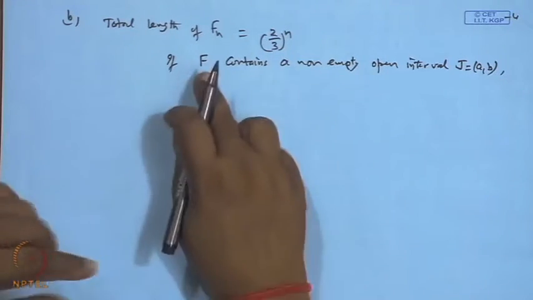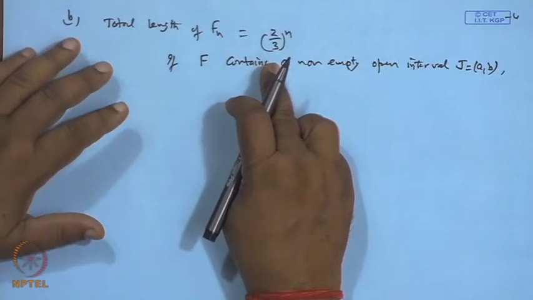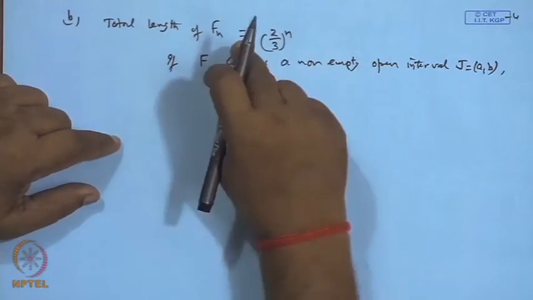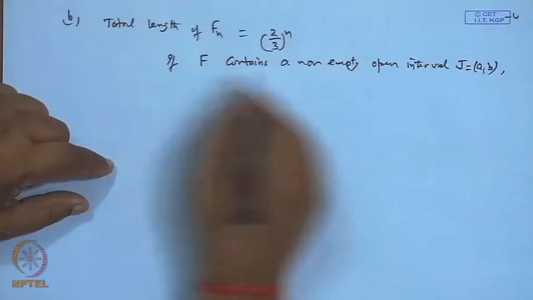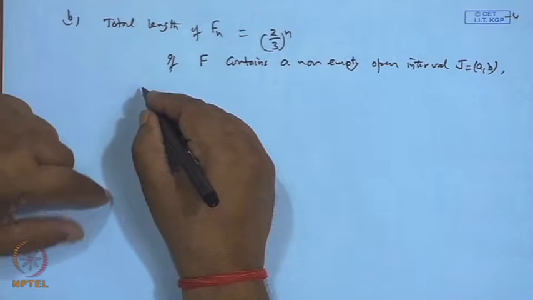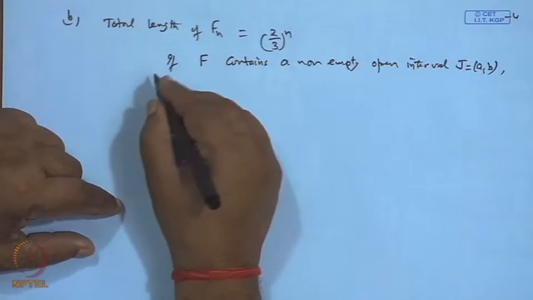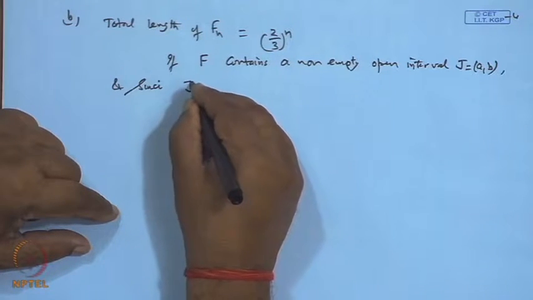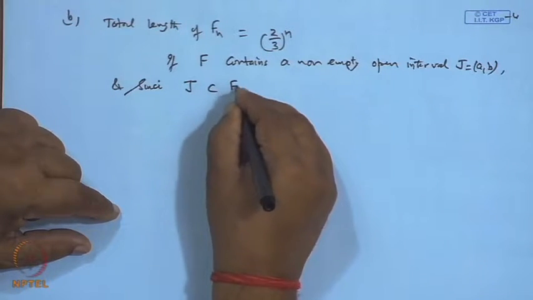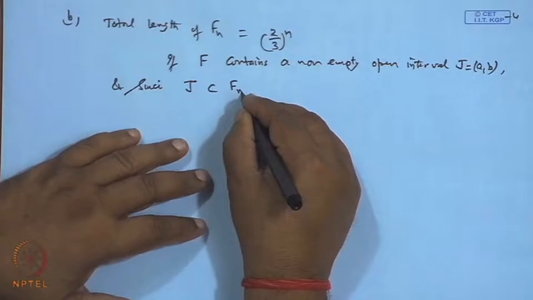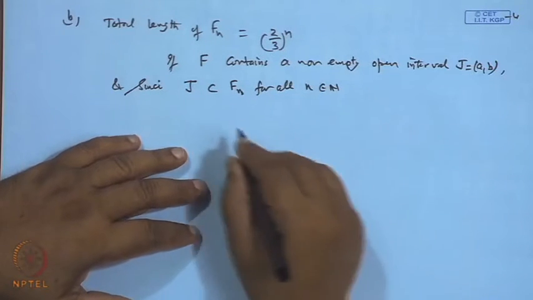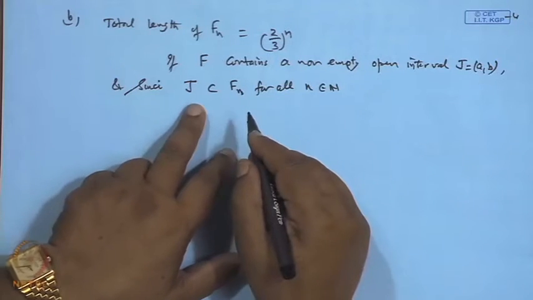Then F is the intersection of all these sets. Obviously, F 1 covers F 2, covers F n and so on. So, since J, this open interval, is contained in F n for all n, this is true, is it not? For all n, J is contained in this.